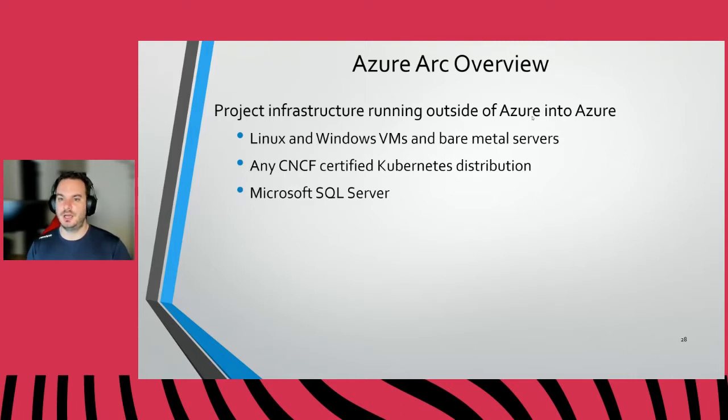This means you can see it in the Azure portal, and you can manage it as if it was running in Azure. And you can manage with this Linux and Windows VMs, and also bare metal servers. You can manage any Cloud Native Computing Foundation certified Kubernetes distribution. So that's almost all of the popular ones. And you can also manage your Microsoft SQL Server.